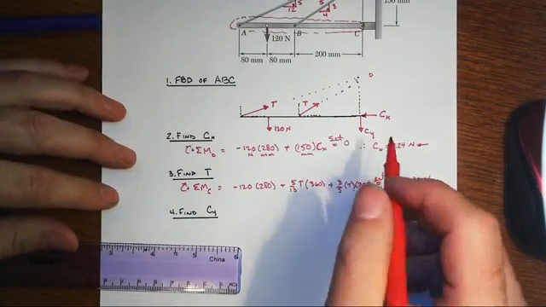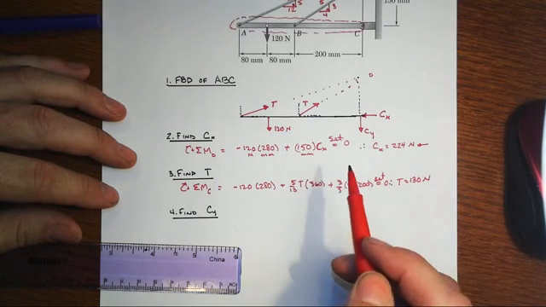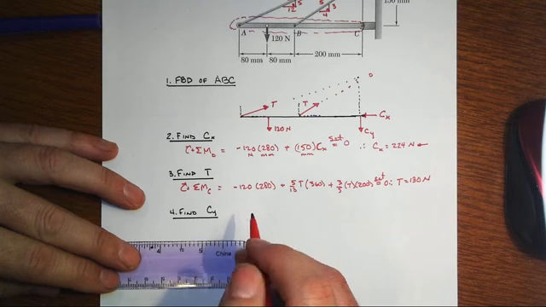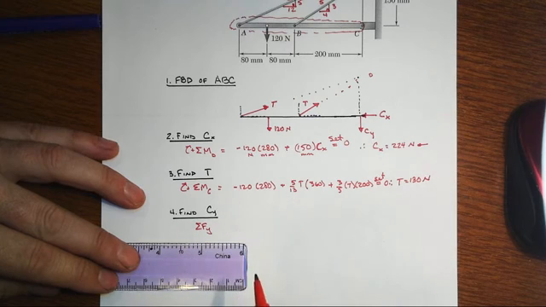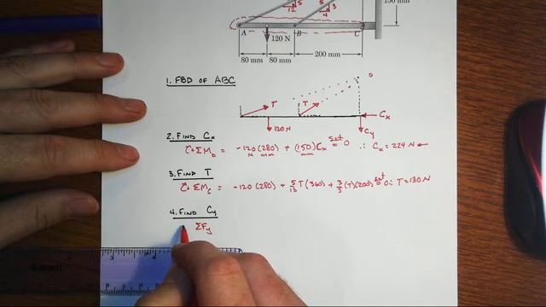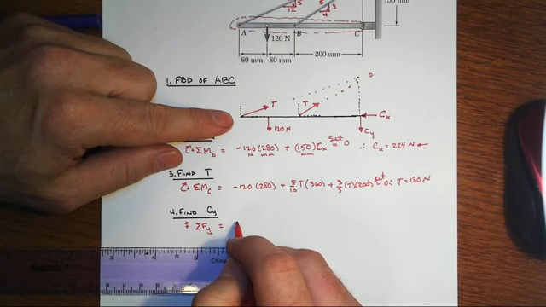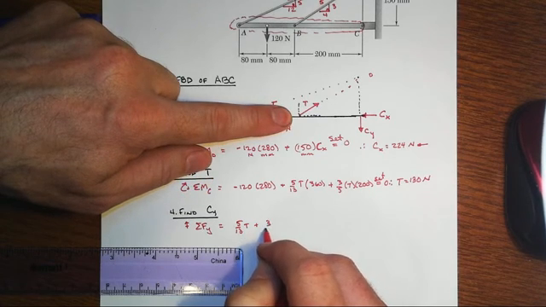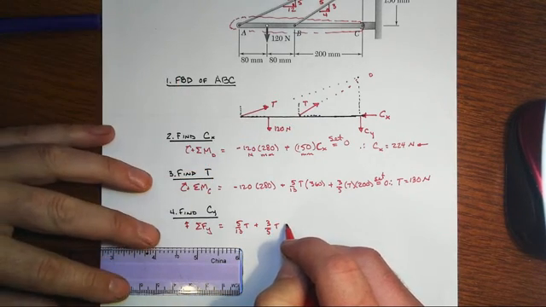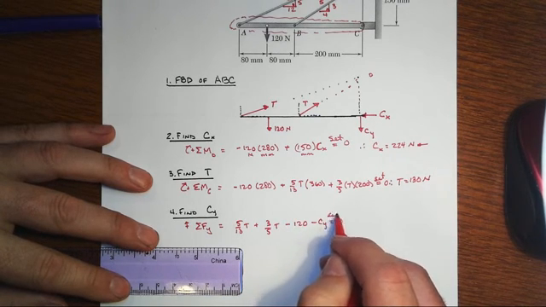And then for CY, you'd like to be able to find some place where CX, T, and T all intersect, but there really isn't. So we're left with having to use intermediate results. Why not just sum forces in the Y to get our CY value, because we're going to have to reuse values anyway. Take upwards as positive, and we get 5/13 of T plus 3/5 of T, which we know to be 130, minus the 120, minus CY, set equal to 0.